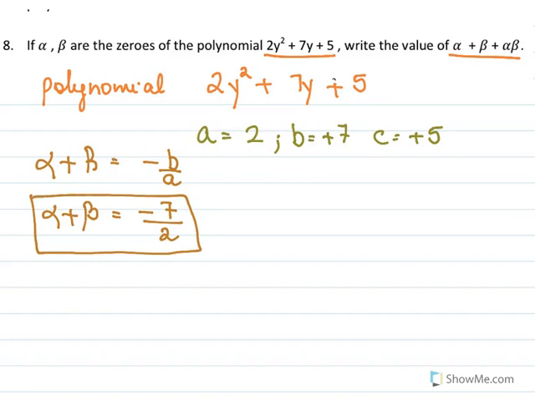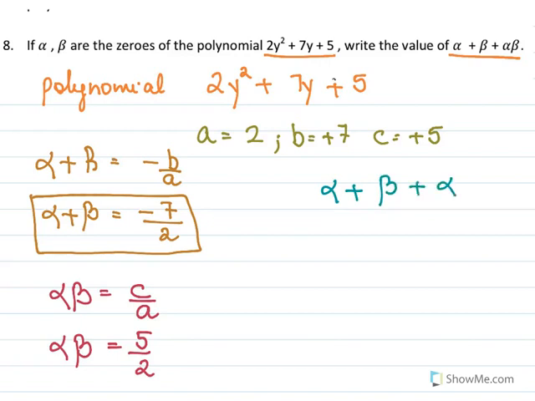We know also that alpha into beta is C by A. So alpha into beta, you see our C is 5 and our A is 2. So that will be 5 by 2. In this sum, we need to find the value of alpha plus beta plus alpha beta. Now alpha plus beta we have found here, that is minus 7 by 2.